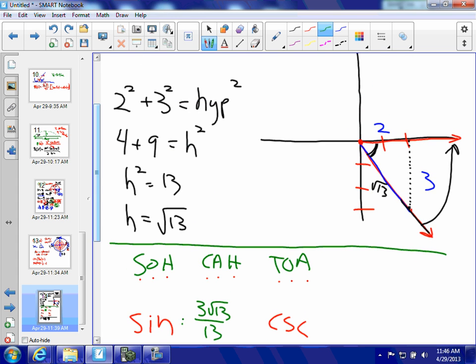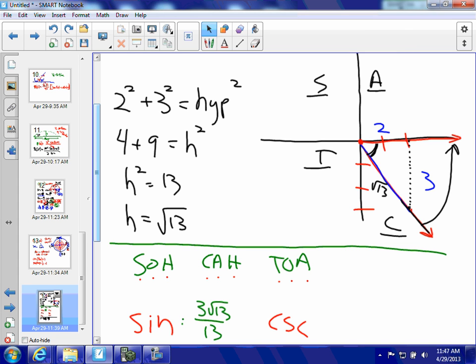But while I'm at it, I may as well remember All Students Take Calculus. All my trig functions are going to be positive in quadrant 1. Only my sine is going to be positive in quadrant 2. Only my tangent is going to be positive in quadrant 3. Only my cosine is going to be positive in quadrant 4.